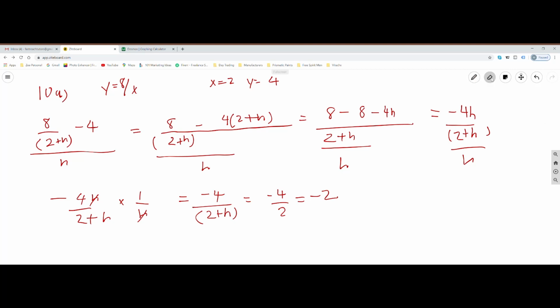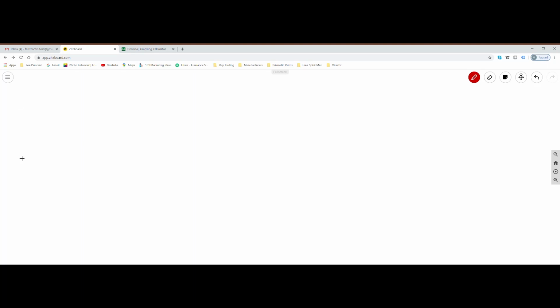Let's do the next one. So the next one is y equals 8 over 3 plus x. So x equals 1, y equals 2. So we have 8, 3 plus 1 plus h minus 2 over h.